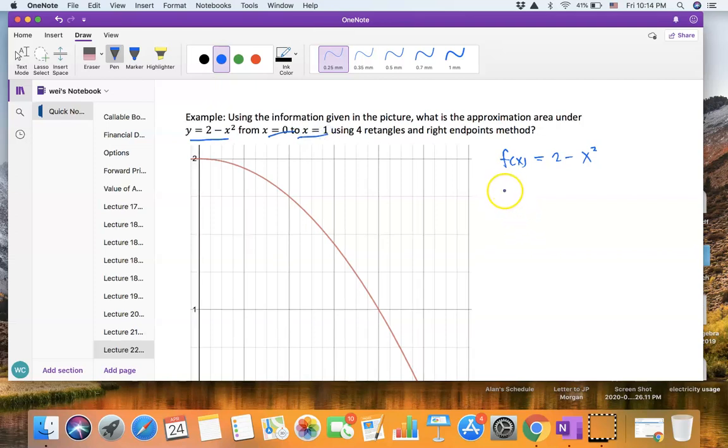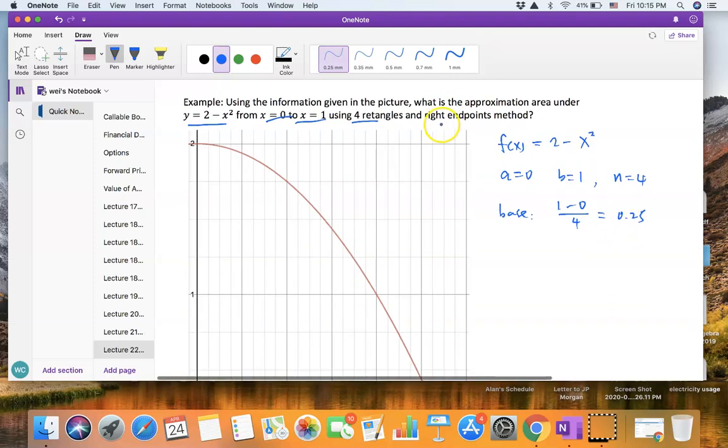So this tells us a equals 0 and b equals 1, and we're using 4 rectangles, so n equals 4. These three numbers give us the base of each rectangle. The base is the difference between these two numbers divided by 4, so it's 0.25.